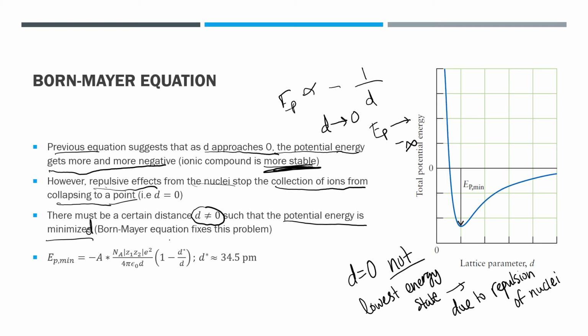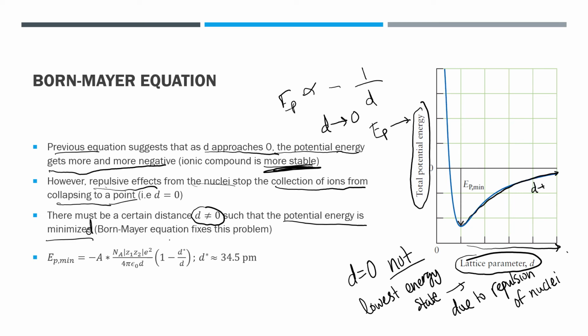So we can see this graph. This graph to the right might be easier for visualization purposes. We have our total potential energy on our y-axis and the D on the x-axis. You can see as our D increases, we have our potential energy approaching 0.